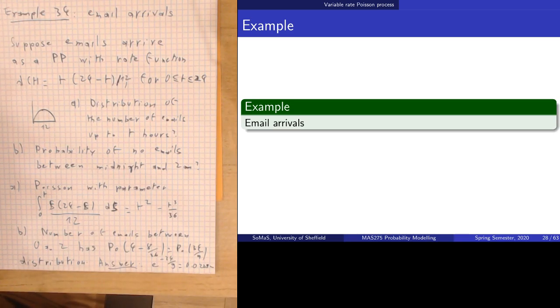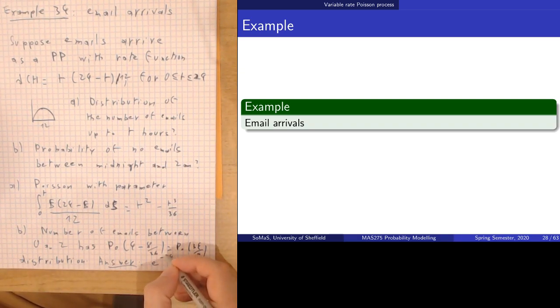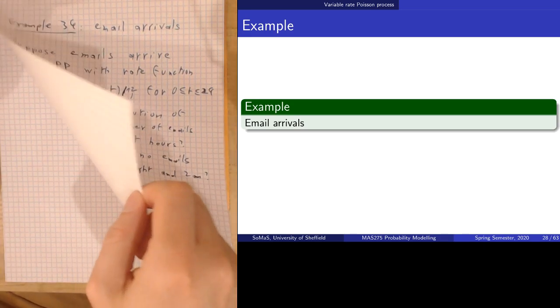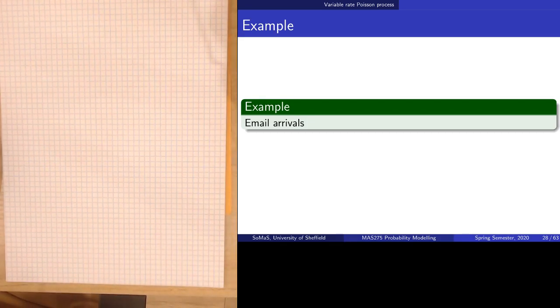But the value doesn't matter. But what matters is the exponential of minus 34/9. Okay. So that's just an arbitrary example of a Poisson process with a variable rate.